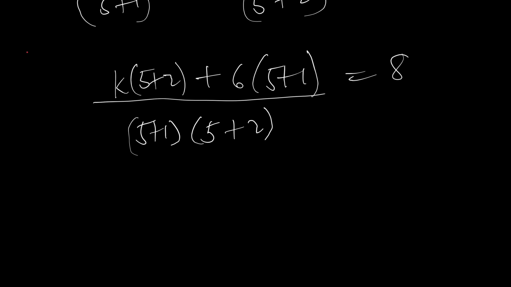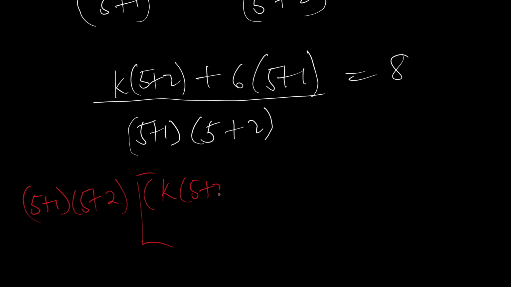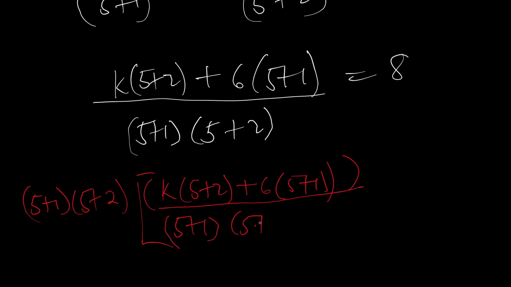Now we multiply everything by the denominator, which is 5 plus 1, 5 plus 2. So we have 5 plus 1, 5 plus 2, multiplying k times 5 plus 2 plus 6 times 5 plus 1, all over 5 plus 1, 5 plus 2.